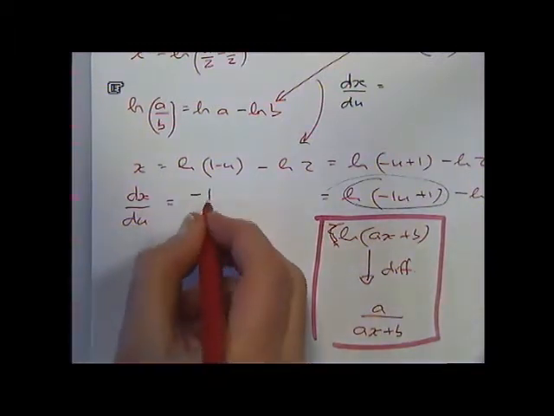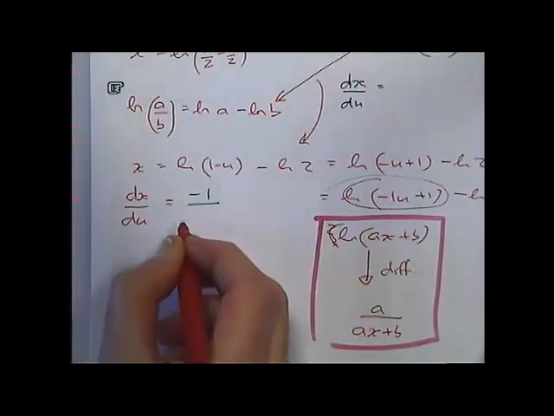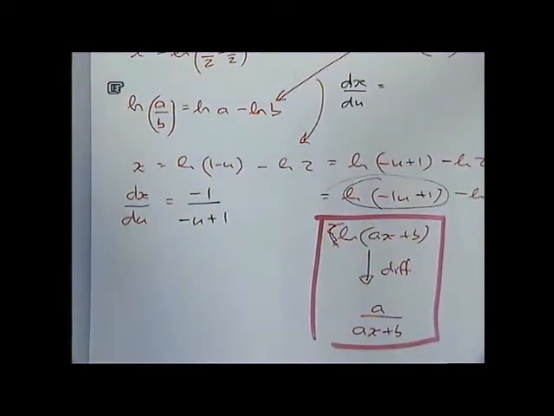Minus 1 over minus u plus 1. Yes, that's correct. Okay. Now that doesn't look particularly nice the way it's written down. There are lots of minus signs there. Can we do something to that to make it look nicer?